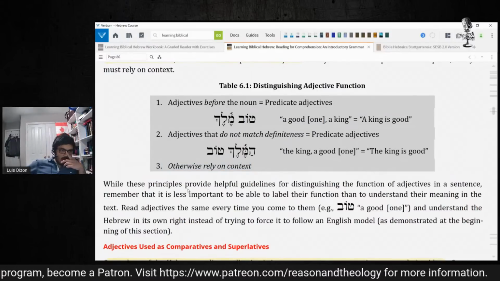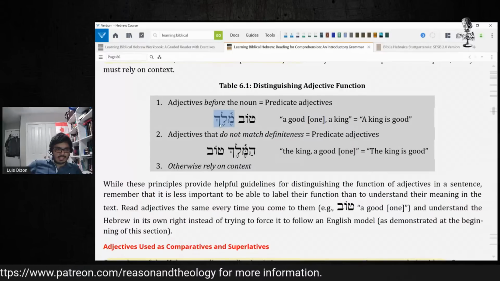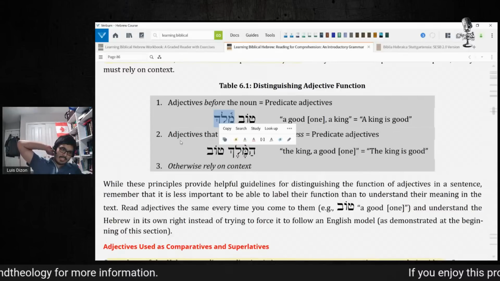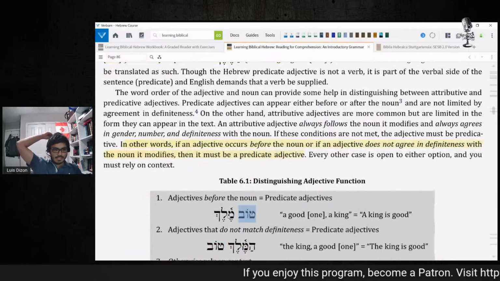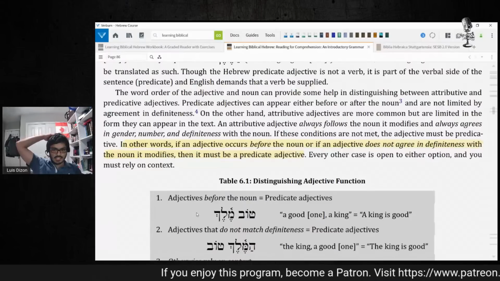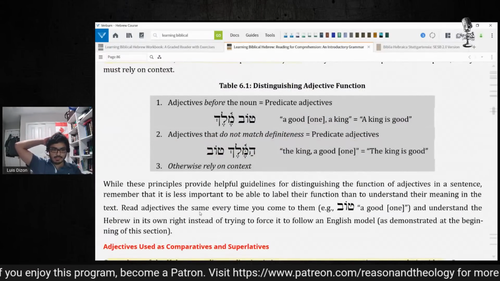Note that in Hebrew, adjectives generally, at least attributive adjectives, come after the noun that they're modifying. So tov melech. So we would say a good king in English, but in Hebrew it would be more like a king good.